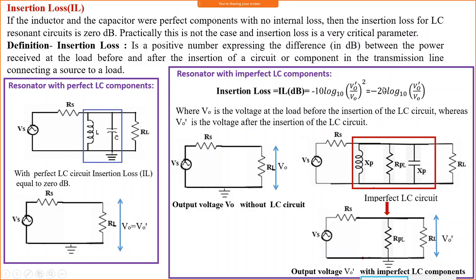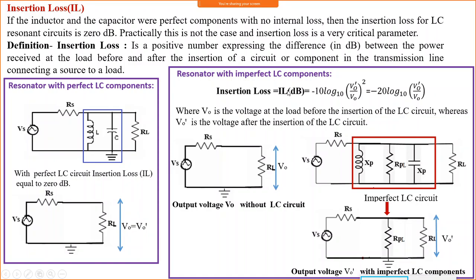It is defined as the difference between the power received at the load before and after the insertion of a circuit. So you take the power without inserting this resonator circuit, and measure the power with the network inserted, and take the difference of those two. That is called the insertion loss.